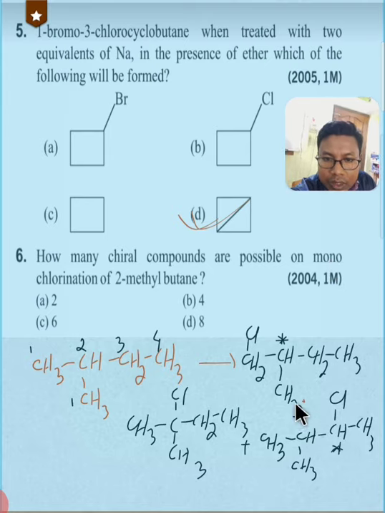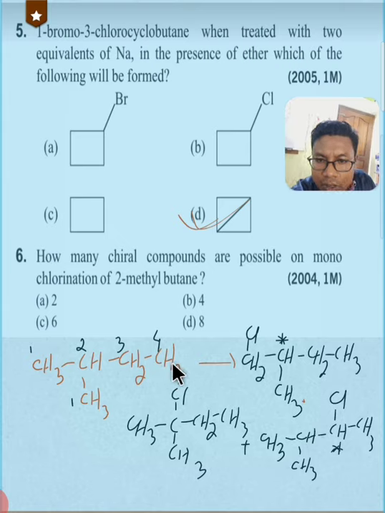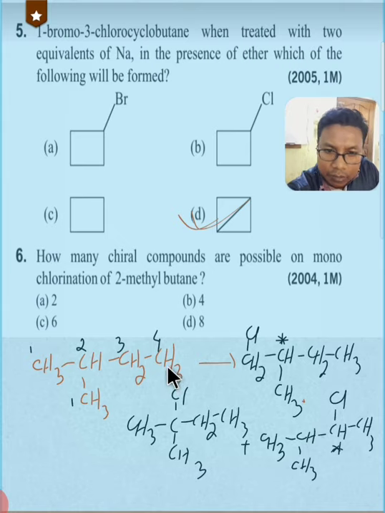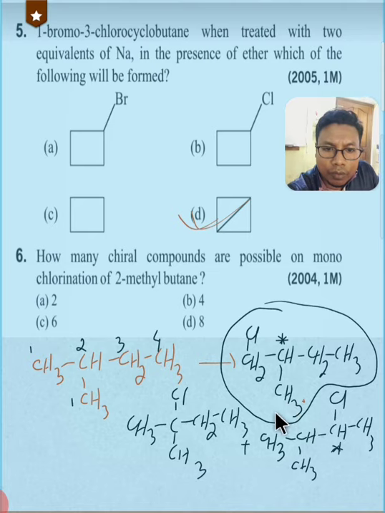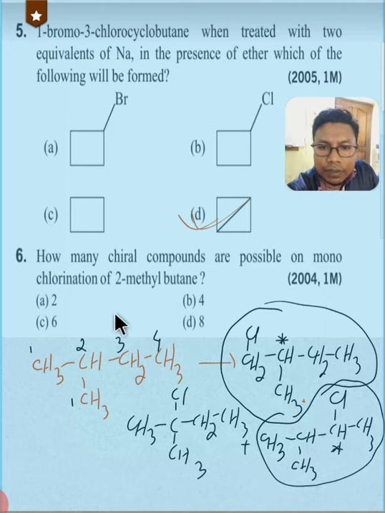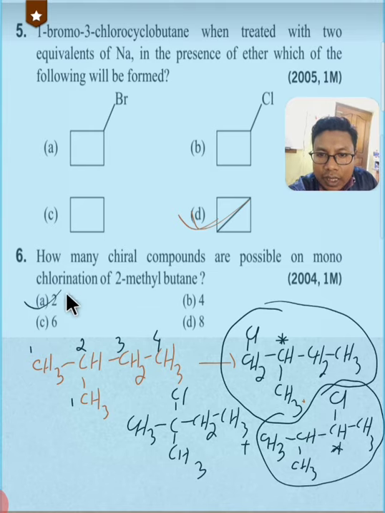Till now we are getting two chiral compounds. And if I attach chlorine in place of hydrogen here, then we are not going to get any chiral carbon atom. So only two chiral compounds will be formed from the monochlorination of this compound. So the answer is A.